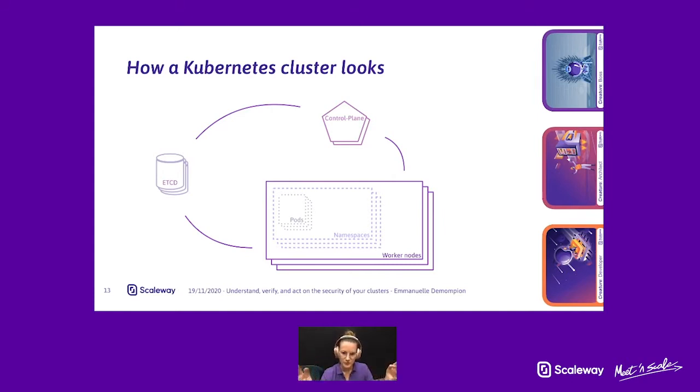And within the workers, you can define namespaces and you have pods. For those who are not familiar with pods, but more with containers and Docker images, you can consider it as a first layer of abstraction on it. But that's pretty much it. It's just to make it a little more complicated, right?